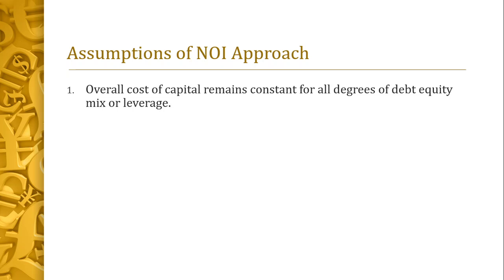Now, under this assumption, one thing we should know is that if at all the EBIT is given and if at all the cost of capital is given, we can find out the value of the firm. How do you calculate the value of the firm? If you know two things, EBIT and cost of capital.